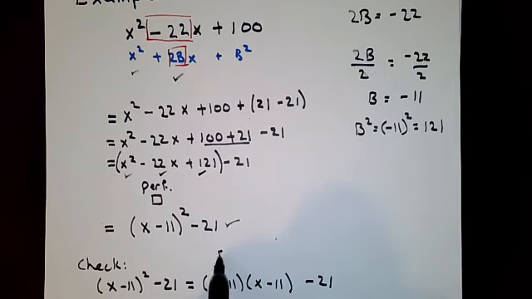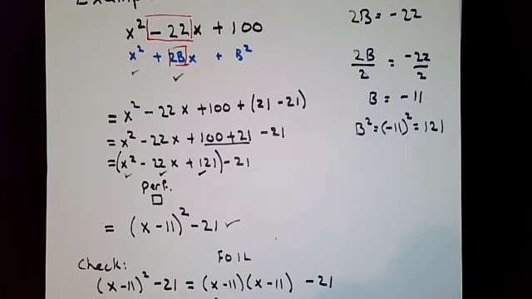Using FOIL, x times x is x squared. X times negative 11, that's the outers. X times negative 11, that's the inners. And negative 11 times negative 11, negative times negative is positive. 11 times 11 is 121. So that's the FOIL part, and then we still have the minus 21 here at the end.